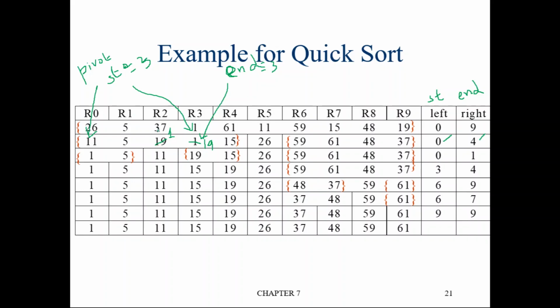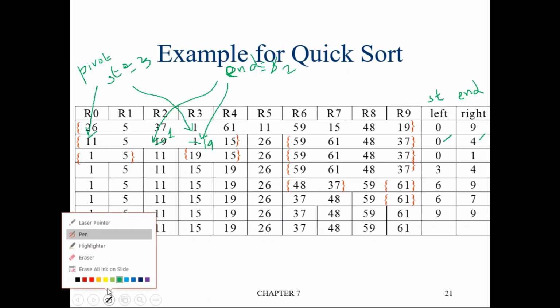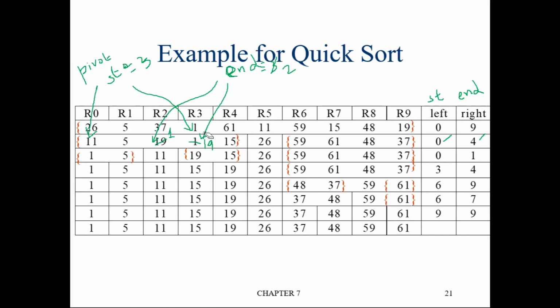Now end will point to this location, that is 2. So end is 2. Again check. Now the element at end location is 1. Is this greater than the pivot element? Pivot element is 11. No, 1 is not greater than the pivot element, so it will stop. Now end is pointing to the second location.